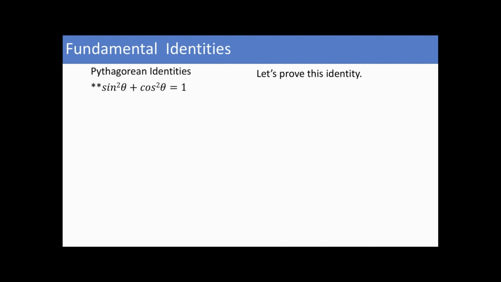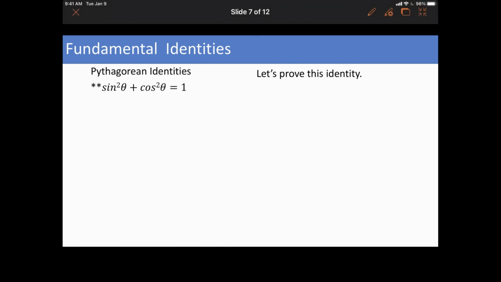All right. Now this one I'm going to do differently because I don't have a number. I'm just going to use any old right triangle. And it's called a Pythagorean identity, so guess what we get to use? The Pythagorean theorem, yay!